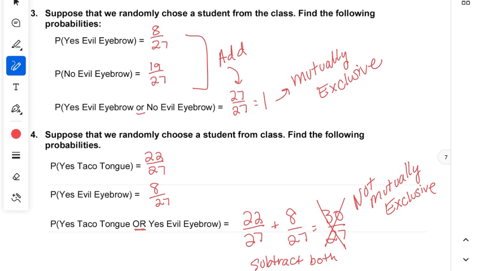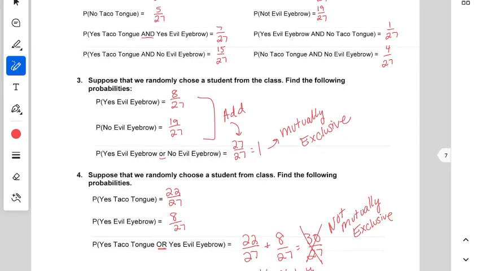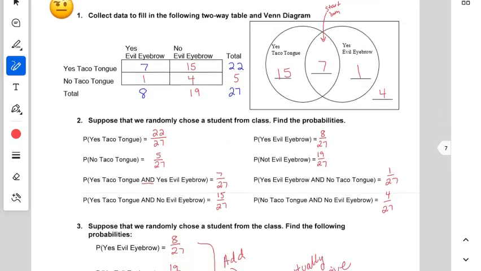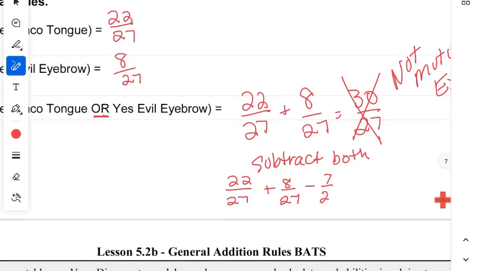So we do 22 over 27 plus 8 over 27 minus 7 out of 27. Is that what you said? So how many did that end up being? 23?